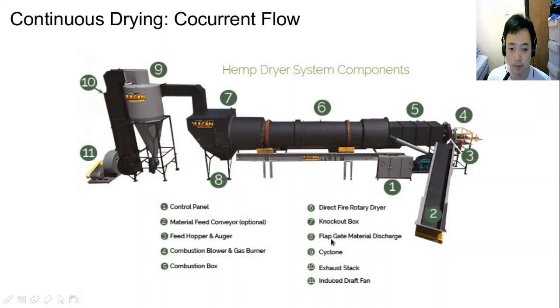Knockout box was number 8. This is the material discharge, this part, this small part here. 9, cyclone, exhaust stack, and induced draft fan.